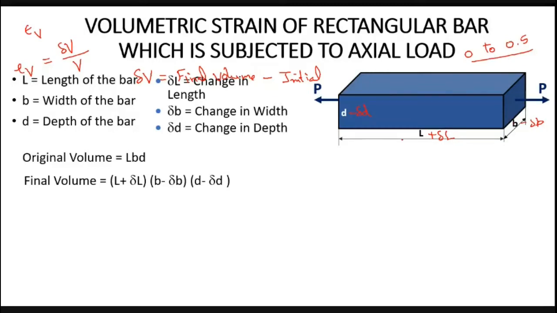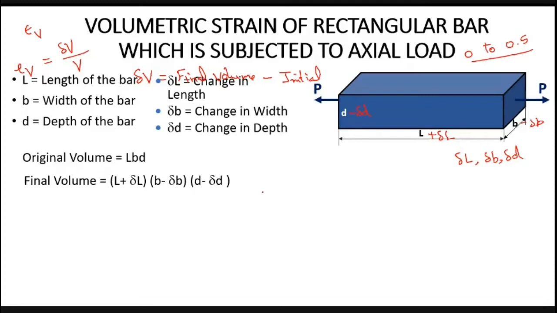Whatever derivations apply are for Poisson's ratio within 0.5. Here, your change in length del L is minimum. Del L or del B or del D are all small values. So when I multiply two smaller values, it is very, very minimum, so I can neglect it.